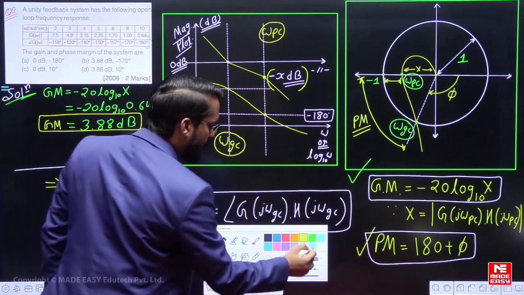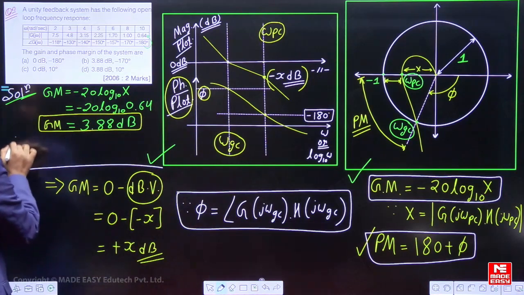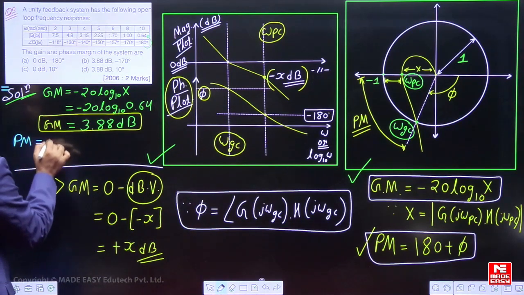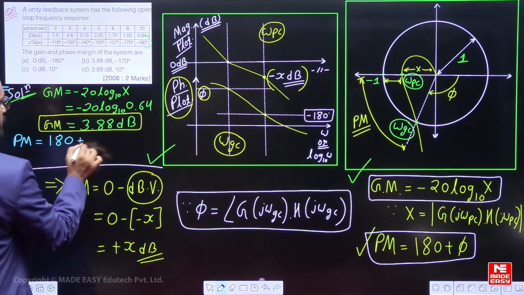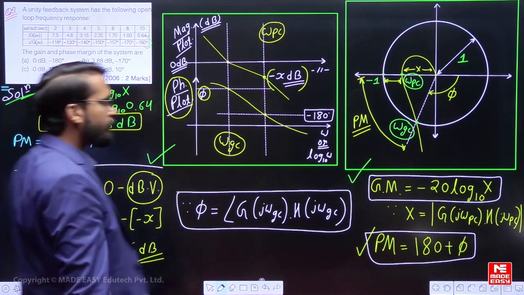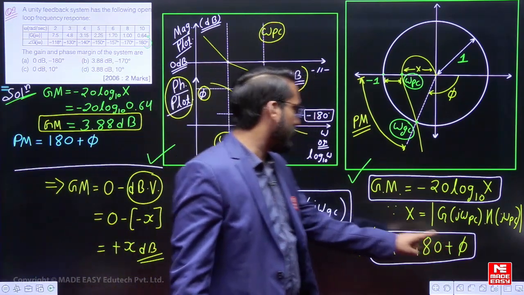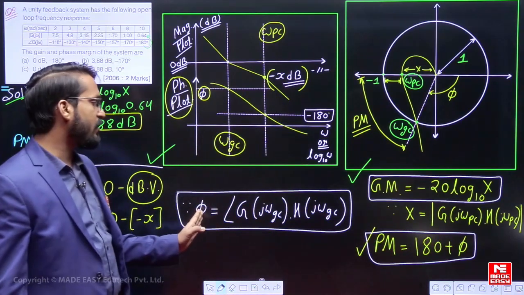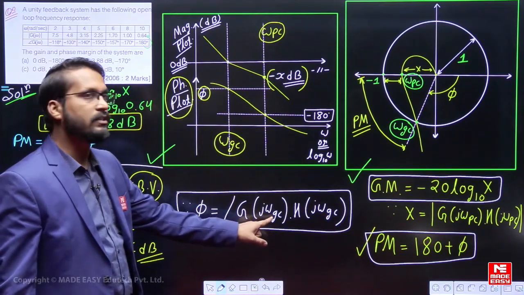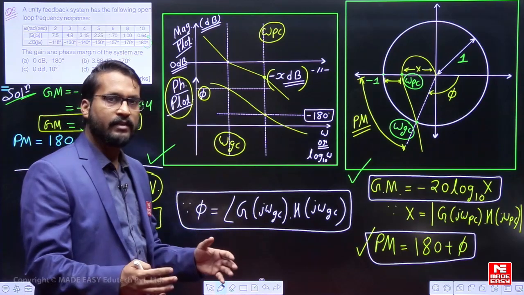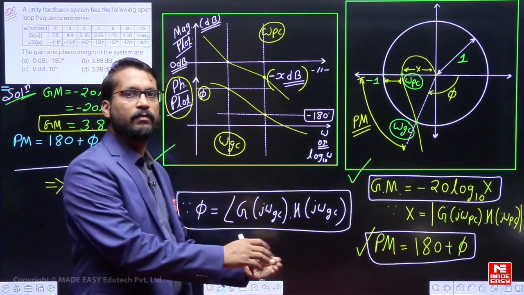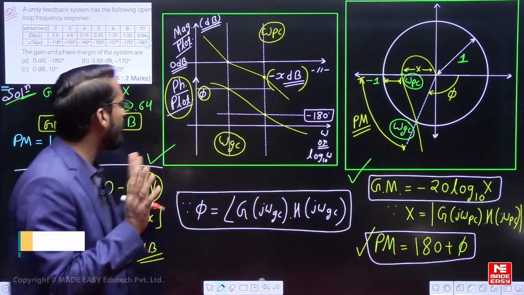Now what about the phase margin? Phase margin is nothing but 180 plus phi. What is phi? Phi is the phase at omega gc. Whatever the phase at omega gc is, that is phi. As it is, we are going to take that value.